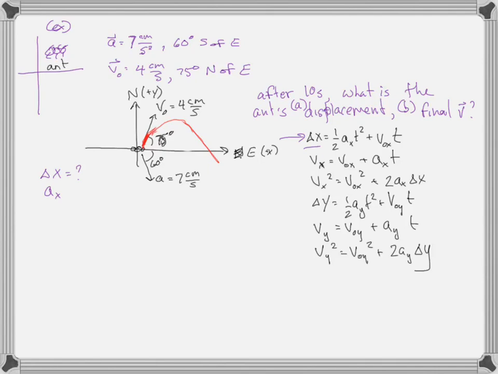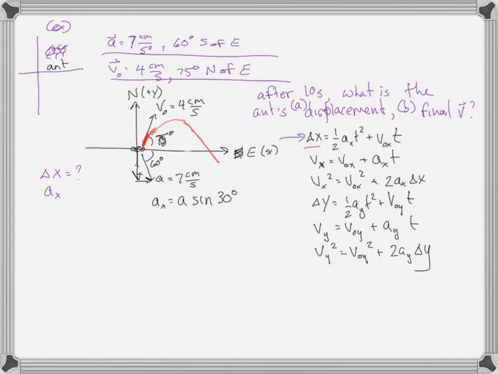Let's actually go ahead and pause and take the components, because that's always a step that you have to do at some point, and it's probably easier done earlier rather than later. You always have to take the components of your vector quantities in order to do these problems. As an aside, we'll take the x and y components of acceleration, and you would find that a sub x is equal to a times the sine of 30 degrees.